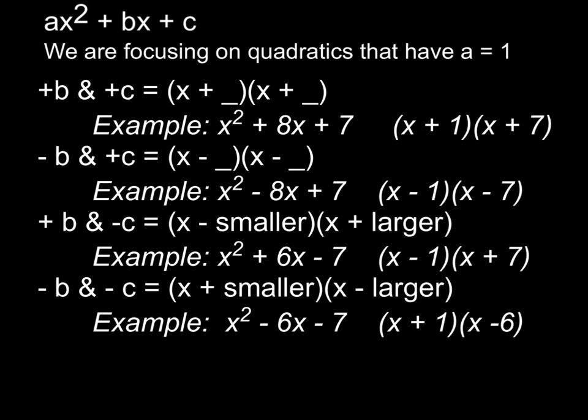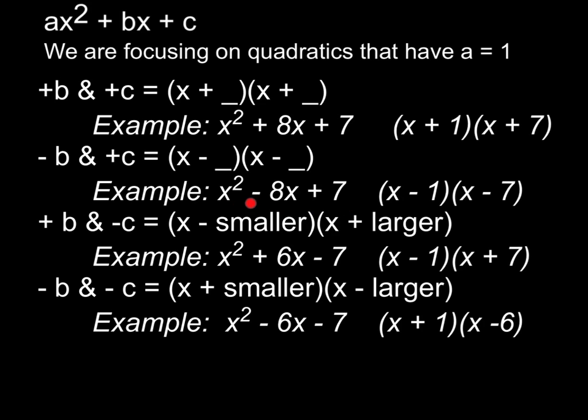When you have a negative b and a positive c, the factors both have to be negative because the only way you can multiply two numbers and get a positive, and add those same two numbers to get a negative is if they were both negative, because a negative times a negative gives you a positive. A negative plus a negative gives you a negative.